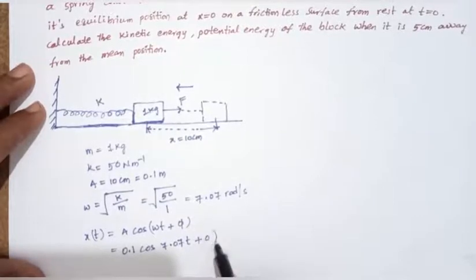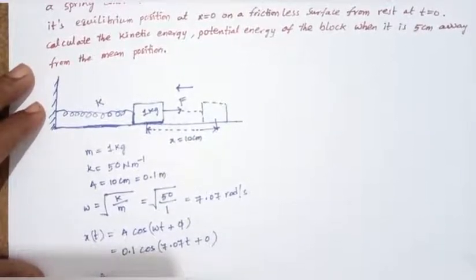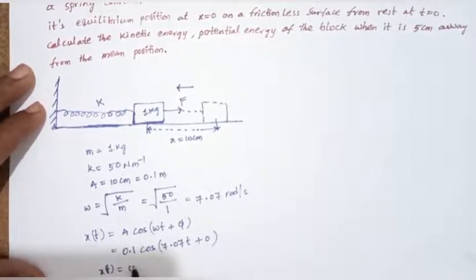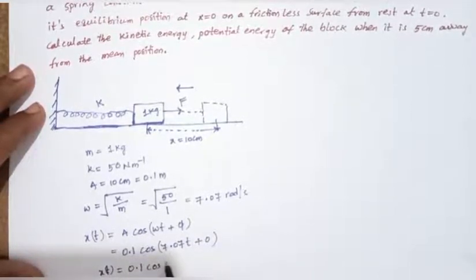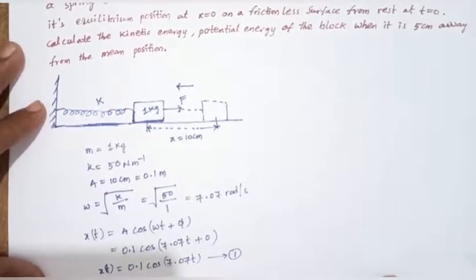So x of t equals 0.1 cos(7.07 t). This is the equation for the displacement. This is equation number 1.